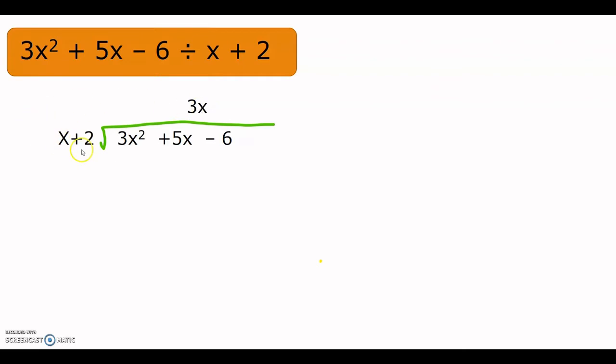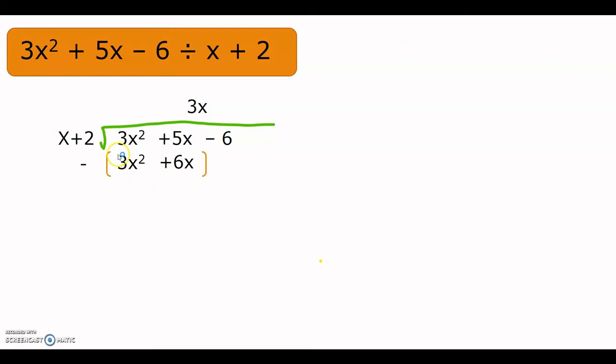3x times x is equals to 3x squared. 3x times positive 2 is equals to 6x. Remember, in division, we will be using 3 operations: division, subtraction, and multiplication. Then we will subtract.